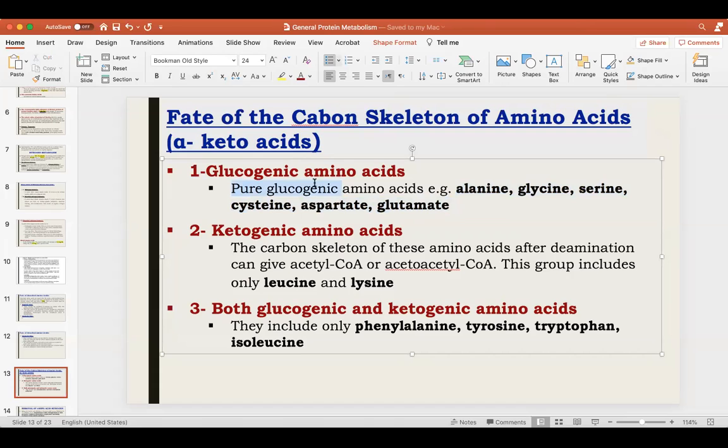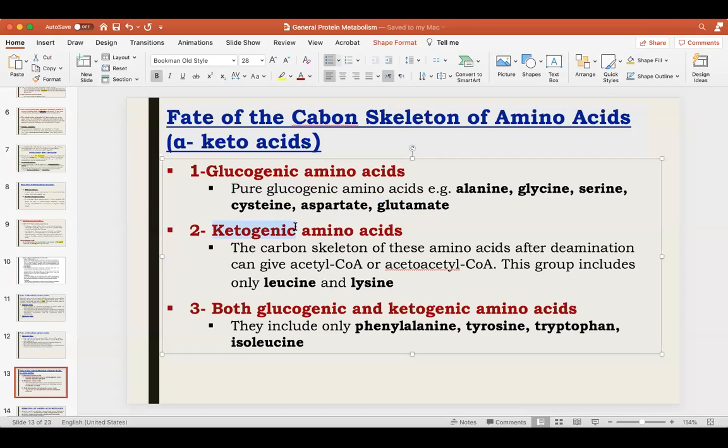Pure glucogenic means gives only glucose. These are alanine, glycine, serine, cysteine, aspartate, glutamate. All these amino acids, there are 6 amino acids, give glucose only in our body.